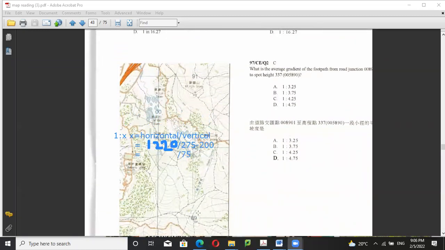Where's 337? Oh, right here. And then the thing should be like this.